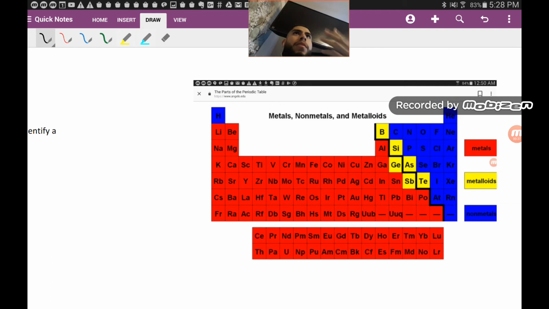Remember, if you have three types of elements, you will have a polyatomic compound. But covalent compounds are going to be two or more elements that are nonmetals.